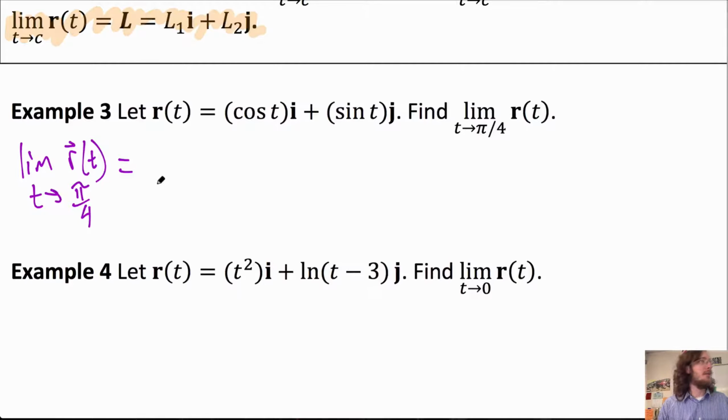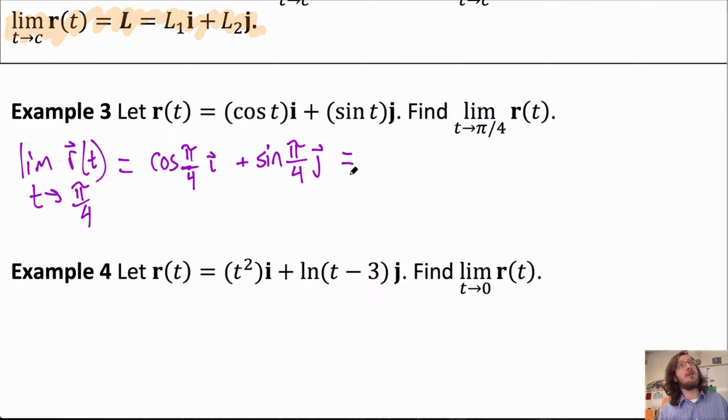Okay, so with limits, we want to try direct substitution first. We've got two trig functions, so we can plug in what t is approaching. So we're going to have cosine of pi over 4 i plus the sine of pi over 4 j. Cosine of pi over 4 is root 2 over 2.